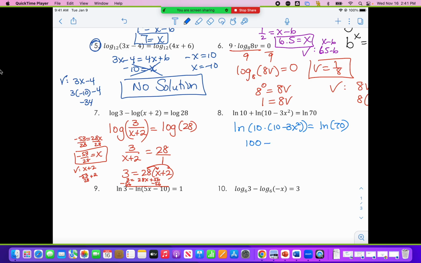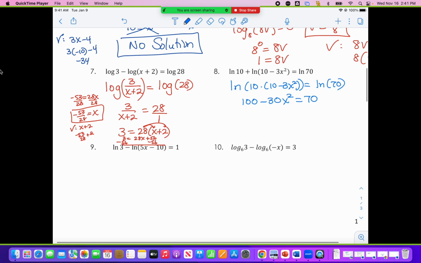So this is 100 minus 30x squared equals 70. So I can set the insides equal. Does that make sense? I used the product property on the left to condense it down to one natural log. Now I have a log equals a log.